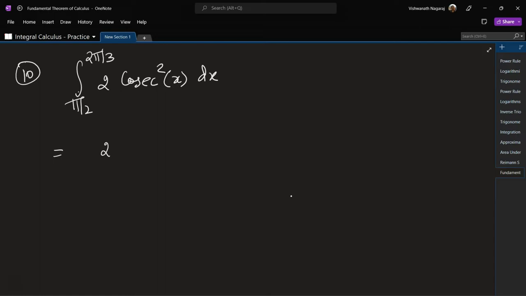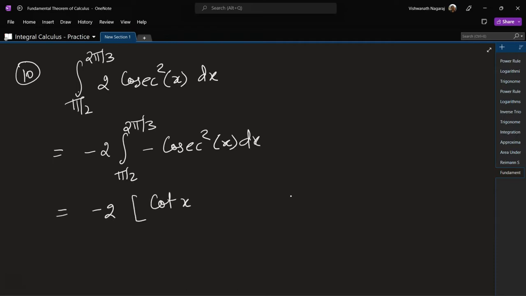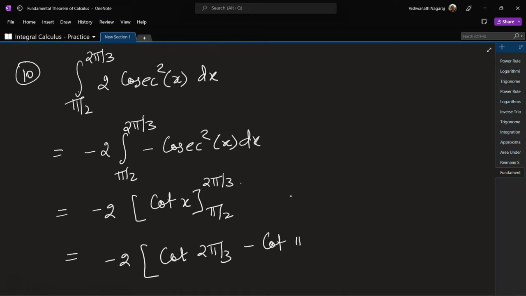So we don't have a minus. So let's take a minus out, so that inside also we can put a minus sign. So we get minus cosec square x dx. So we have minus 2, we get cot x from pi by 2 to 2 pi by 3, which gives us minus 2 times cot 2 pi by 3 minus cot pi by 2.